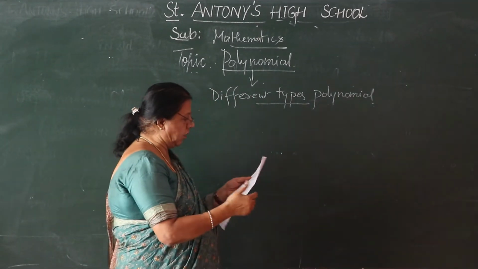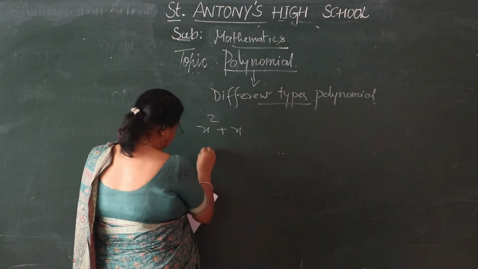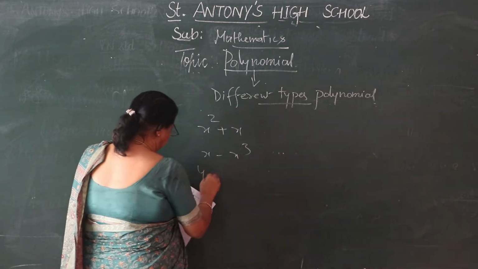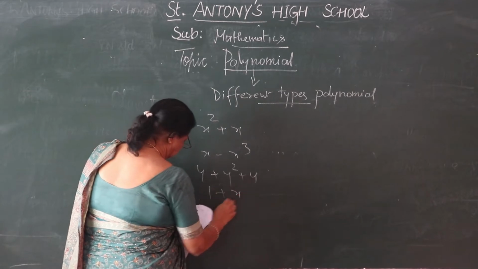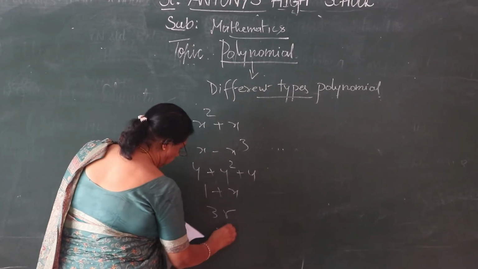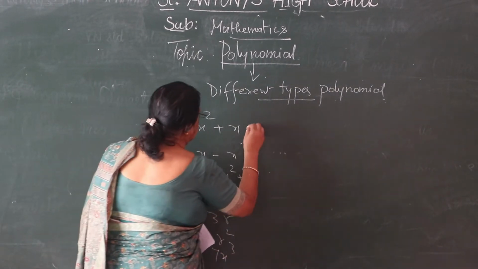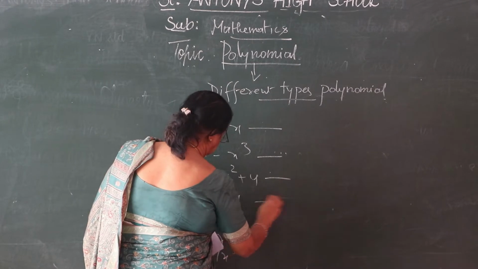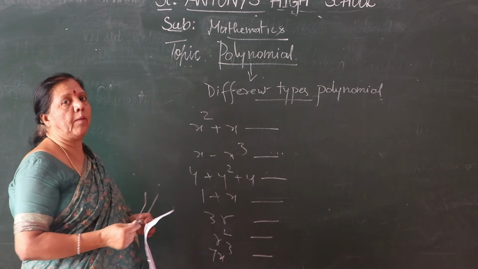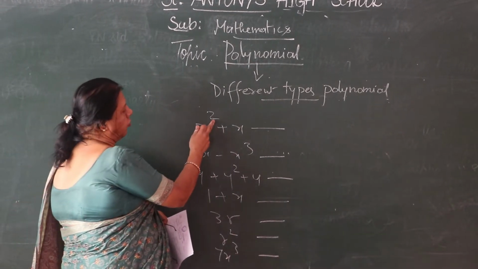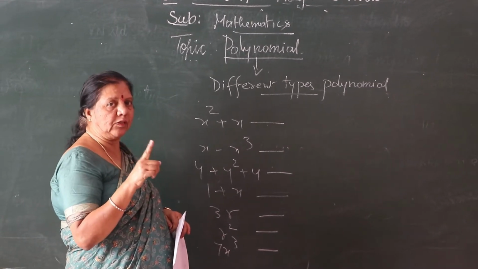Examples, last main, fifth main I think, they have given x square plus x, minus x cube, y plus y square plus 4, and 1 plus x, 3r and r square and 7x cube. Children, these things they have given, you have to mention the different types of polynomial. I taught you in the previous class. See here, the square is there. Square is the degree of power, 2.